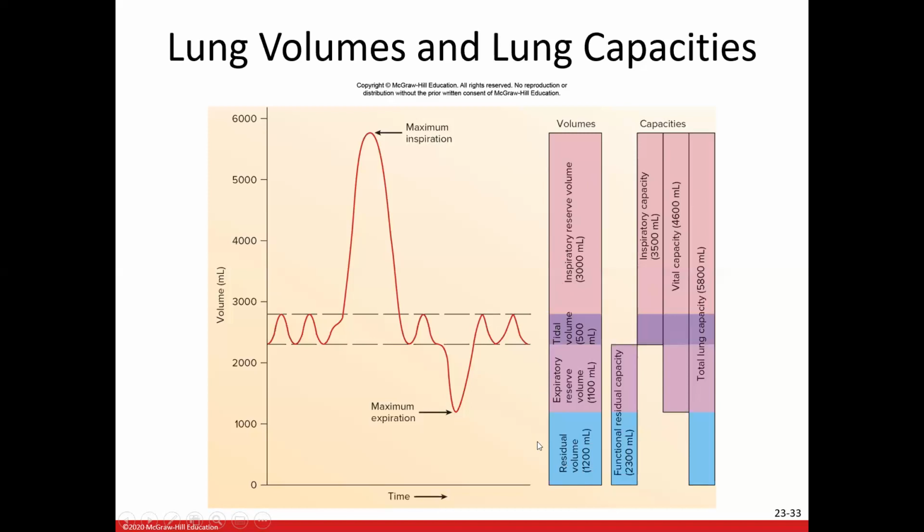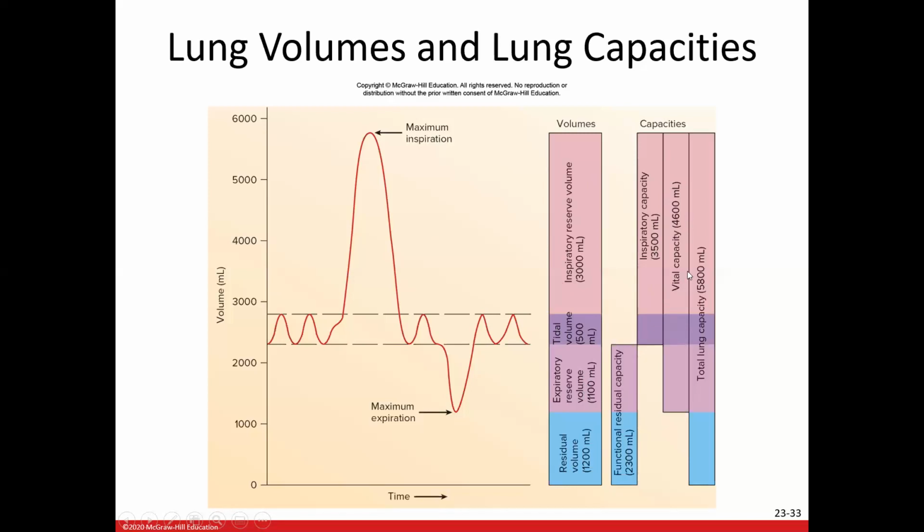For the capacities, we're just adding things together. So for that functional residual capacity, that is the sum of the residual volume, what's left in the lungs, plus the expiratory reserve volume, what's forcefully exhaled. Then we have your inspiratory capacity, which is the tidal volume, the amount going in and out at quiet or at rest, plus the inspiratory reserve volume, the max amount we can inhale.